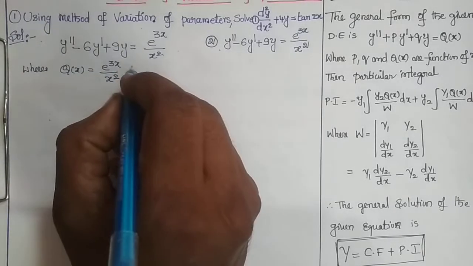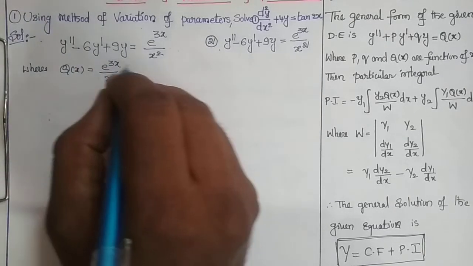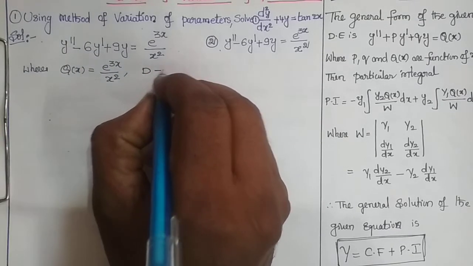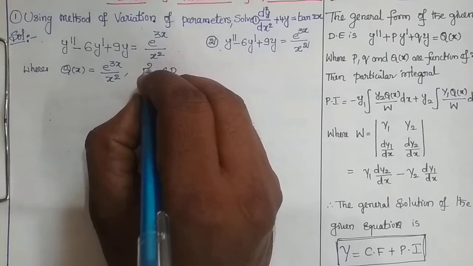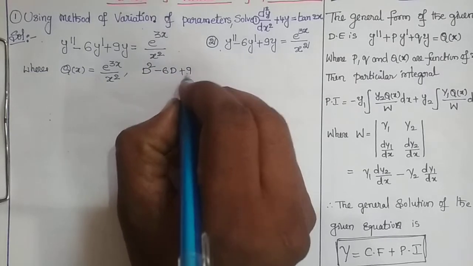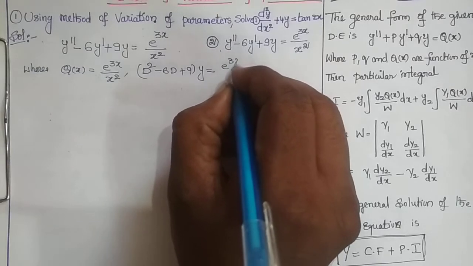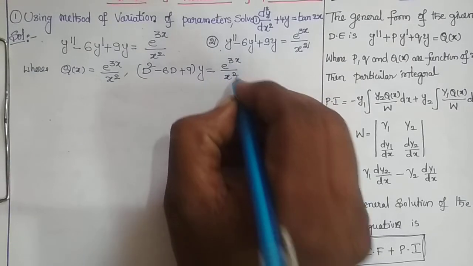And what is the symbolic form? This one: d square minus 6d plus 9 into y is equal to e power 3x by x square. This is the symbolic form.